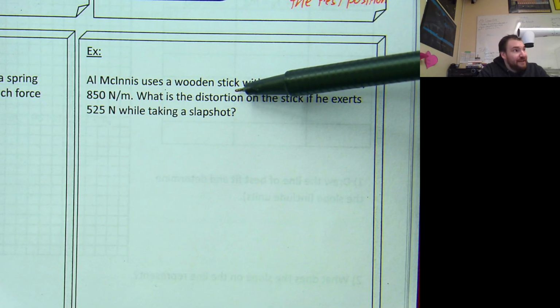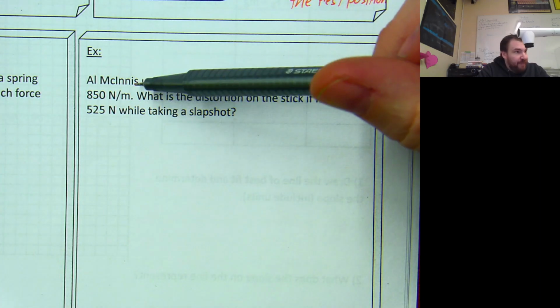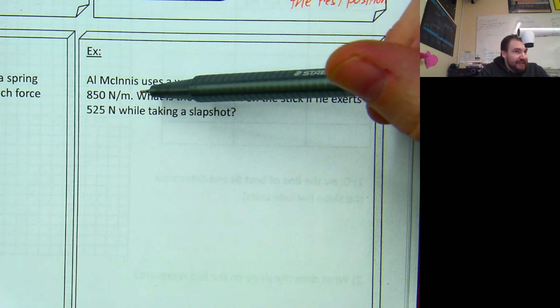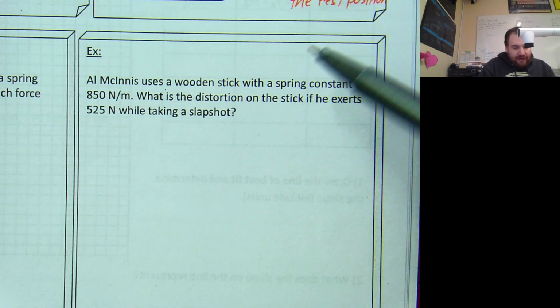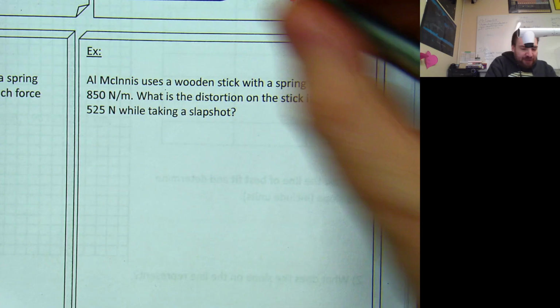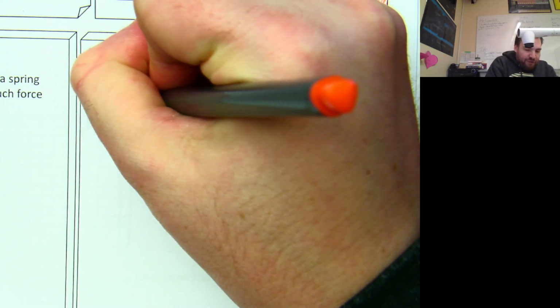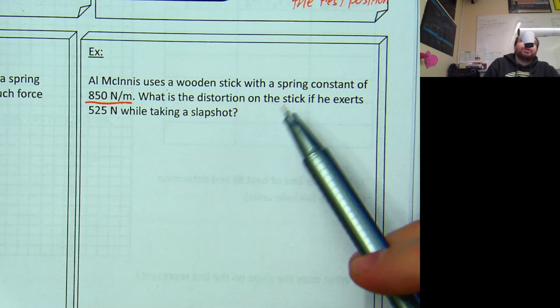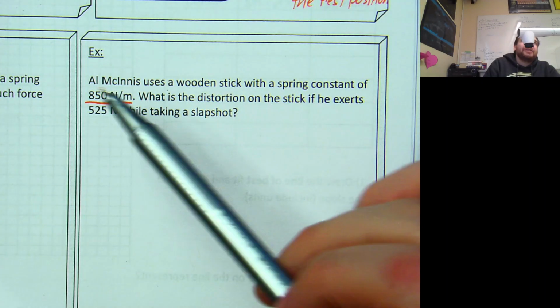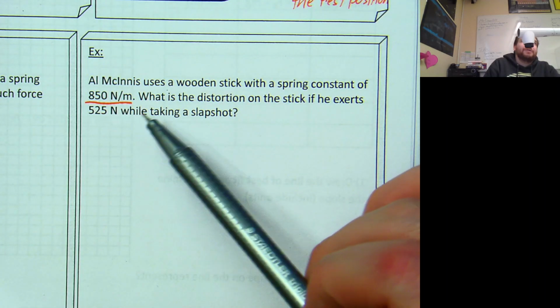Wooden sticks are a lot stiffer than composite sticks, which means if you can bend it, it's going to give you a whole heck of a lot more oomph behind it. And he was a big man, and he was able to lean on these sticks pretty hard, give him a lot of flex, which means when he flung the puck, he flung it real hard. So he used a wooden stick that had a spring constant of 850 newtons per meter. What is the distortion on the stick if he exerts a 525 Newton force while taking a slap shot?